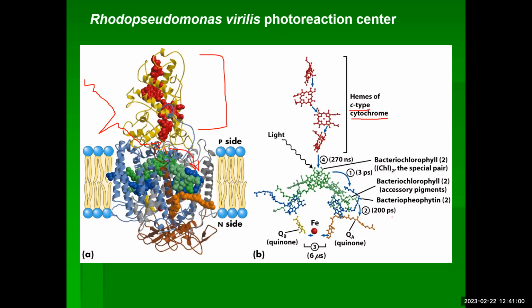And that's over here. So we go from the bacteria chlorophyll here to over here. And then the bacteria phaeophytin gives its electrons to the quinone. The quinones are down here. So these go from here to over here.